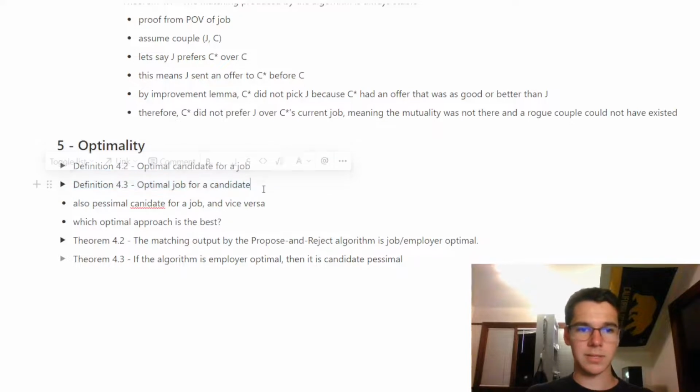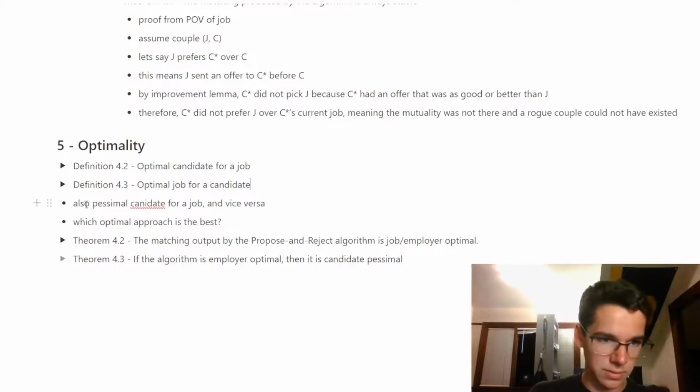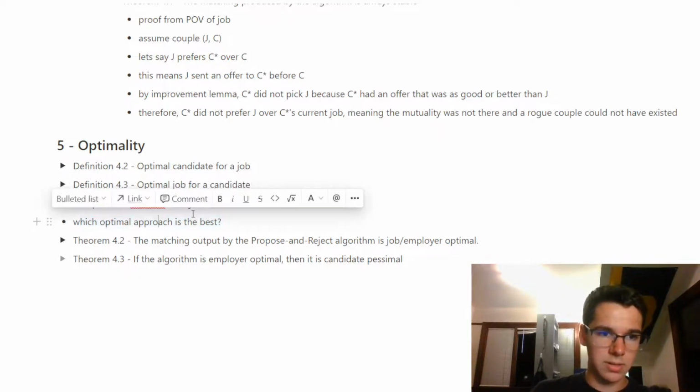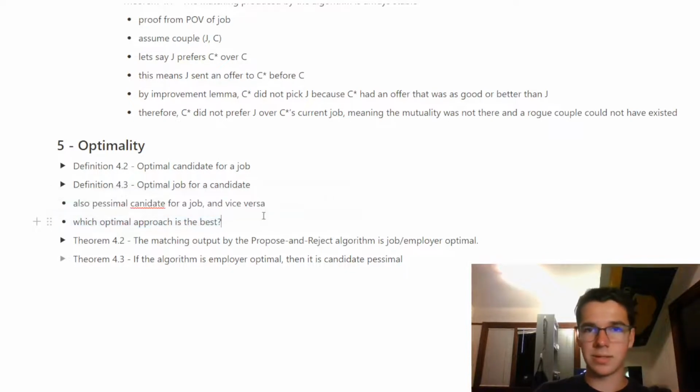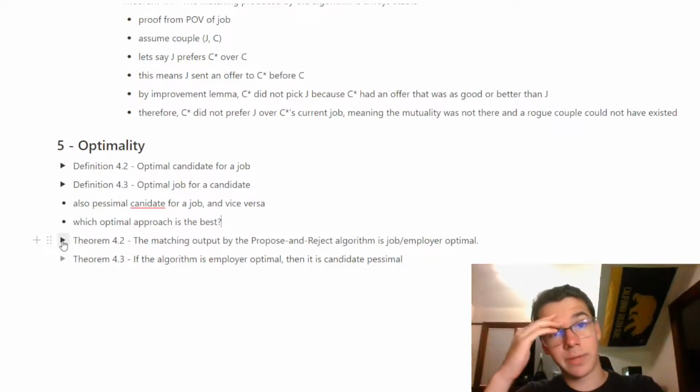We pick the stable match that has the highest ranked job for each candidate. And there's also the pessimal for a candidate, and same for a job. This question depends on whose side you're on, right? And this theorem, I actually had trouble wrapping my head around it.